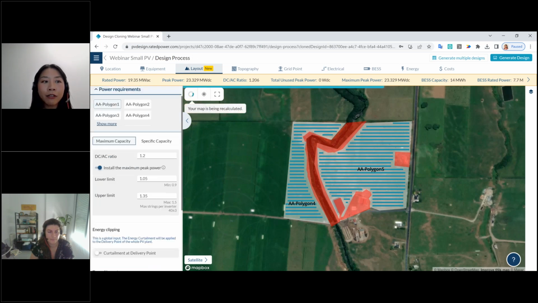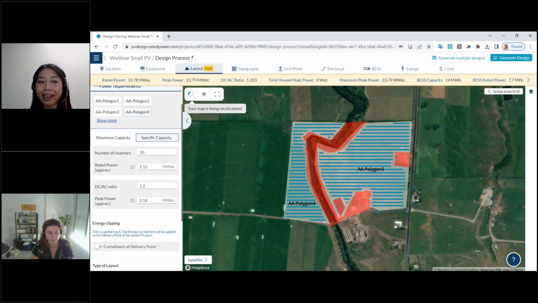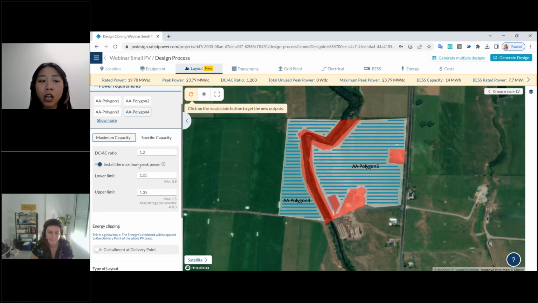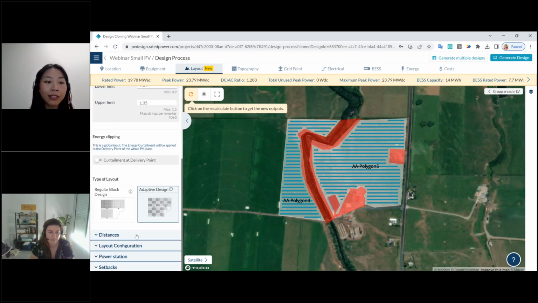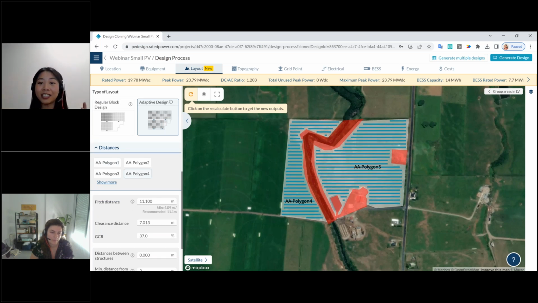And we can give them different power requirements. For example, for polygon 4, I can give it a specific power that I'm thinking about. Or I can also go with maximum power for the maximum use of the land. And then specifically, I want to change a little bit. For example, I was actually considering this site as an agri-PV example.